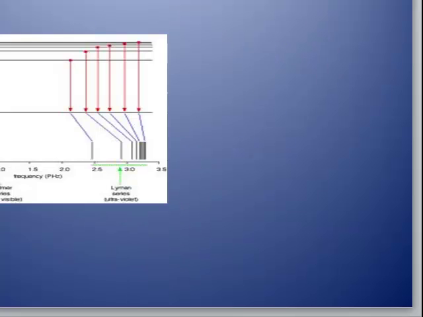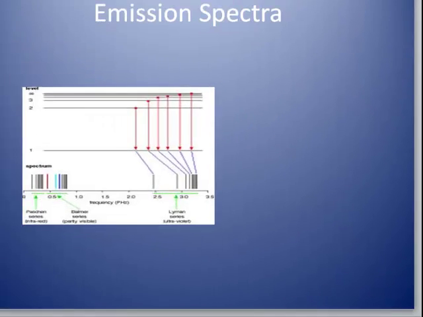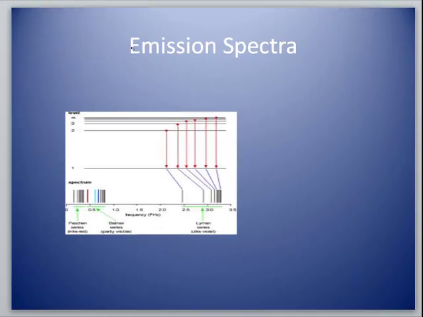So for example, we can look at these different levels. Let's just assume that the nucleus is at this level here, and we have our first energy level, second energy level, third, fourth, etc. If we have an electron in the first energy level, and we put some energy into it and promote it up to the third energy level, it's now in what we refer to as the excited state.